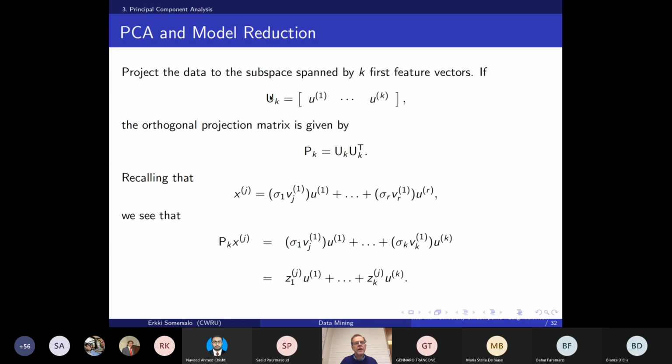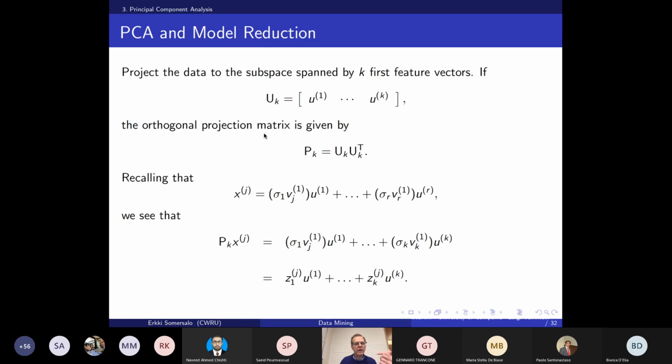And so here we are. UK is now a matrix where I'm retaining the k first feature vectors. So I decide, let's keep only k feature vectors. Remember, I have r feature vectors, so this k here is less than or equal to r. And so I'm deciding to use only k feature vectors.